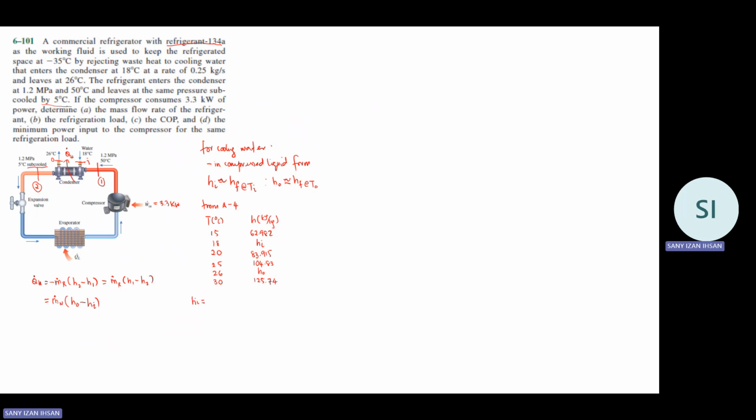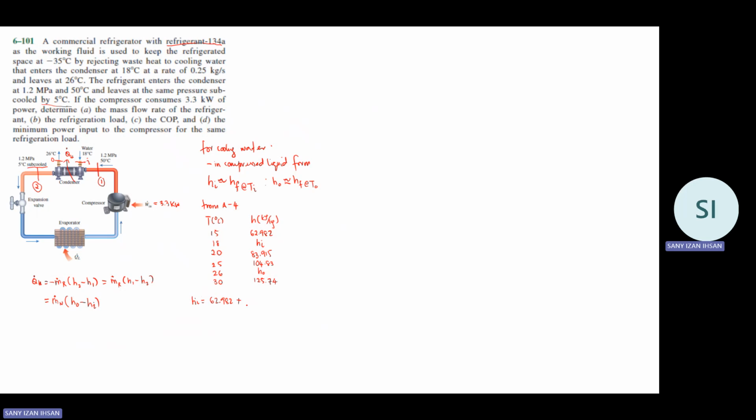So HI is from the first three there. HI is nothing but 62.982. I just rearranged the interpolation already, but you can always do it from the beginning.